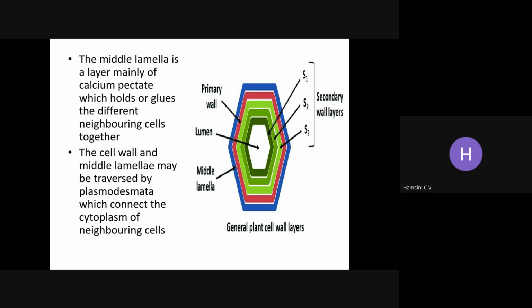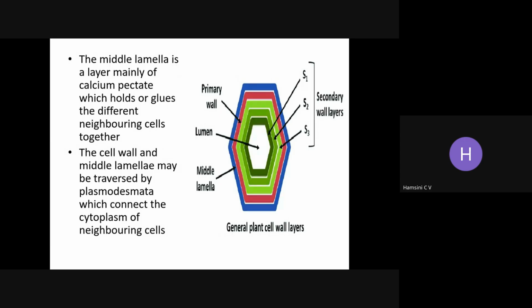To the inner surface, see how many layers are being added. The middle lamella is kind of a glue which helps in attaching to the next cell wall. It is a precursor for the formation of cell wall. Middle lamella is mainly made up of calcium pectate, which glues the different neighboring cells together.